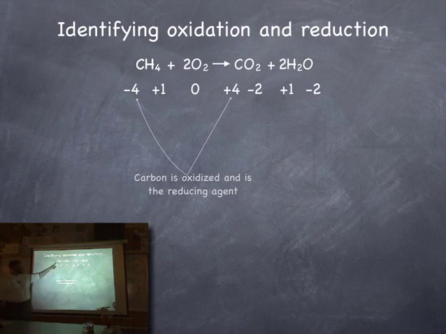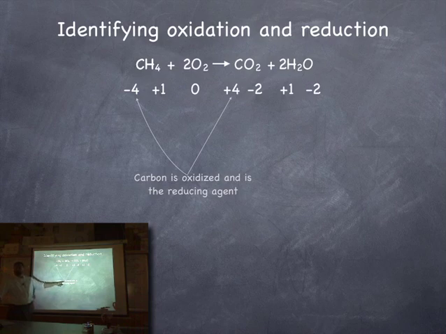So we say that methane was oxidized, or the carbon was oxidized. And then we can also talk about what we call the agents, the agent of change. If you think about that phrase, agent of change, this carbon was the agent, the causative factor in something else being reduced.